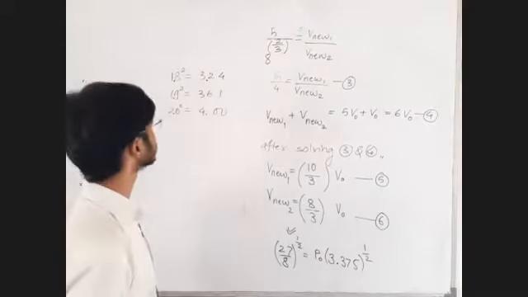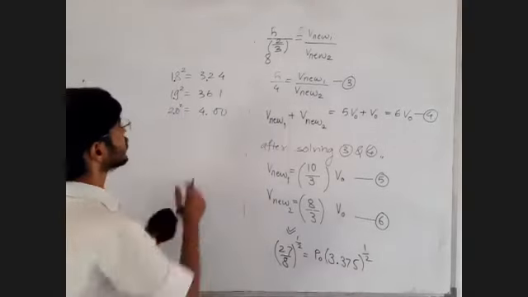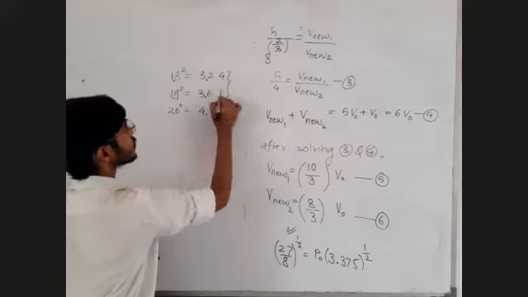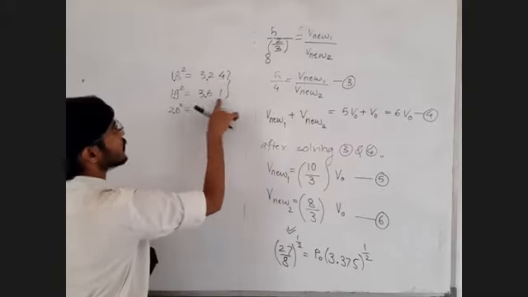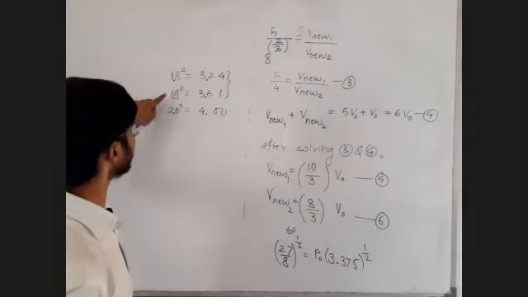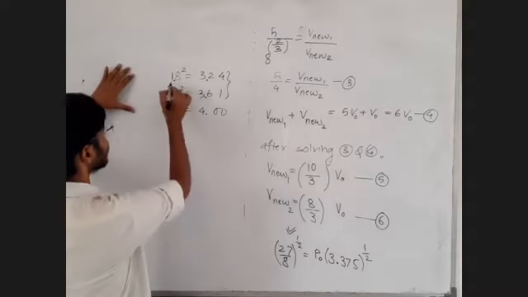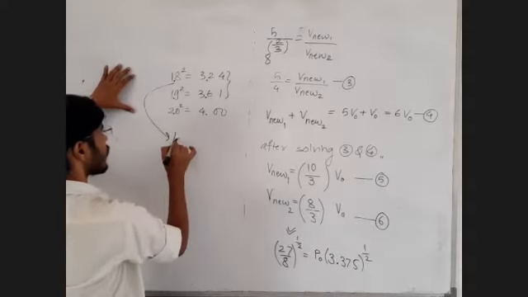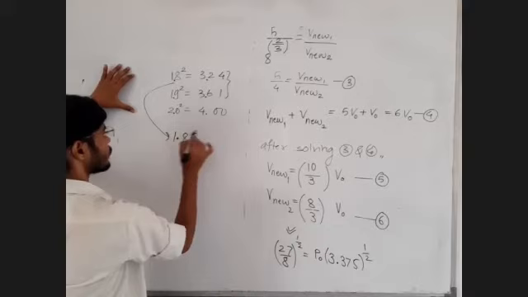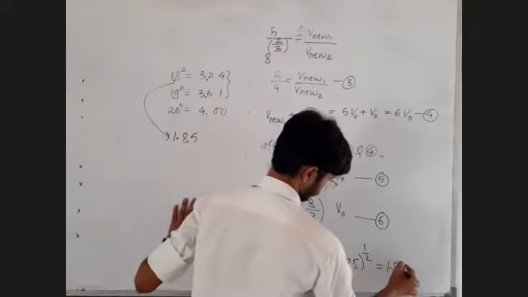Here we have 3.37, and here we have 3.24 and 3.61. So the answer must lie between 1.8 and 1.9. We will approximately go with the middle value, 1.85. So that's going to be the answer.